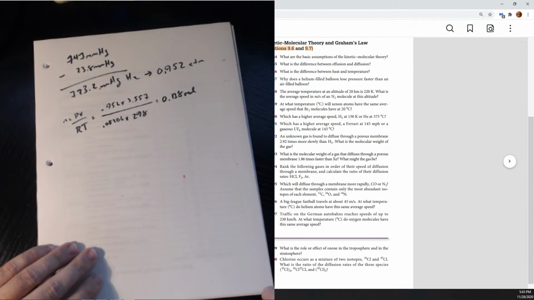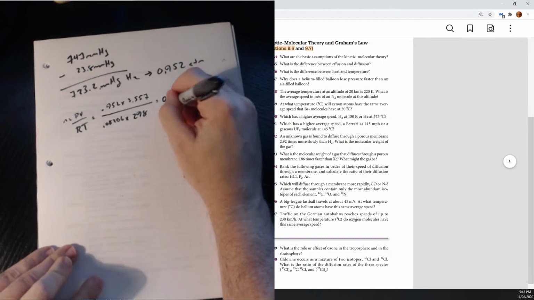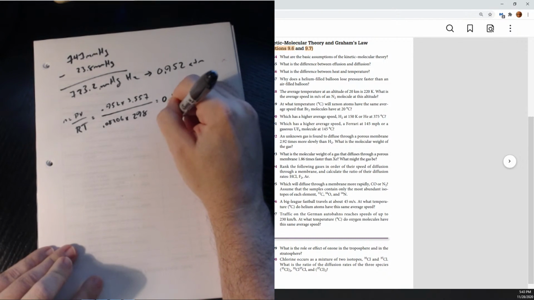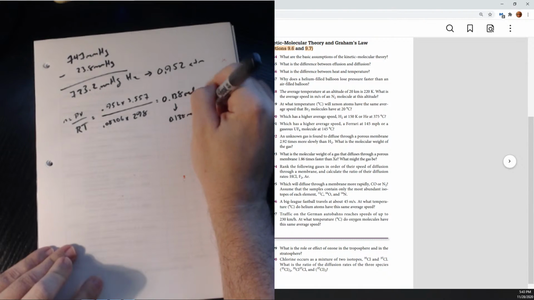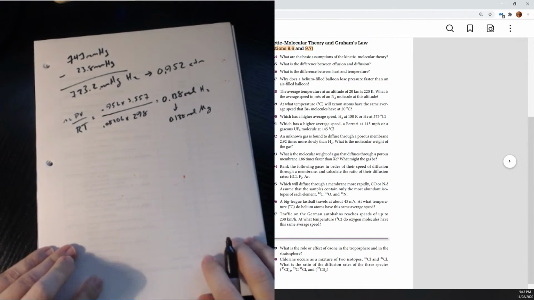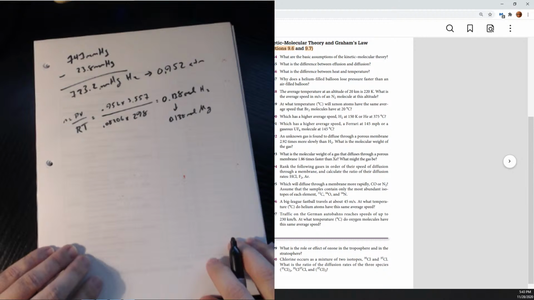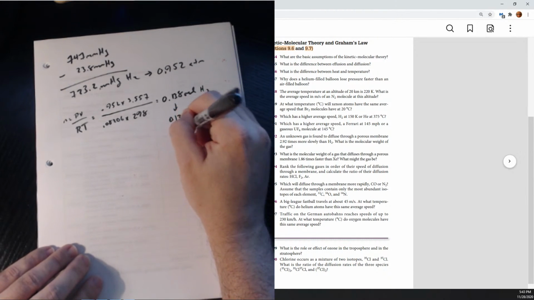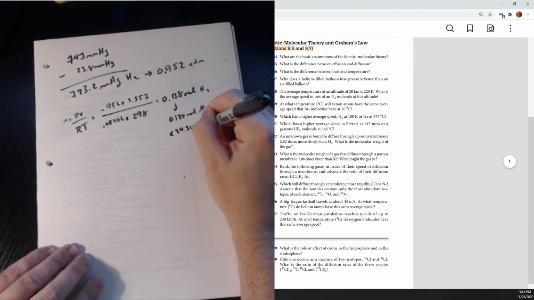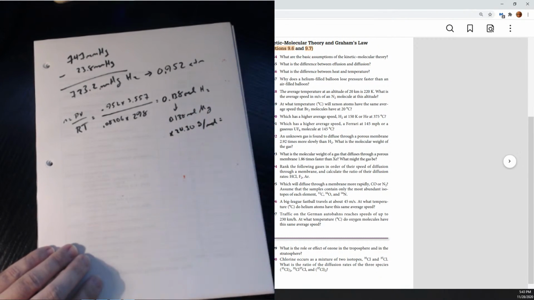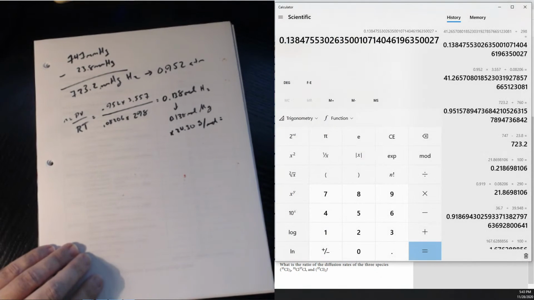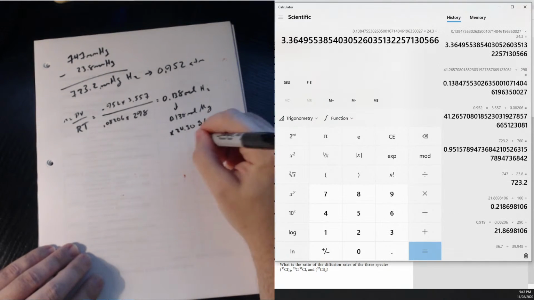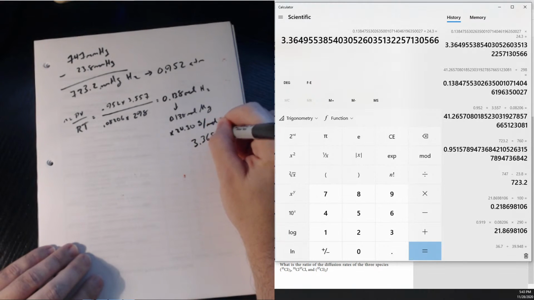It's a 1-to-1 ratio between hydrogen and magnesium. So it's 0.138 moles of magnesium. All right, so that means that now we just need to multiply by the molar mass of magnesium, 24.30 grams per mole. That's 3.365 grams.